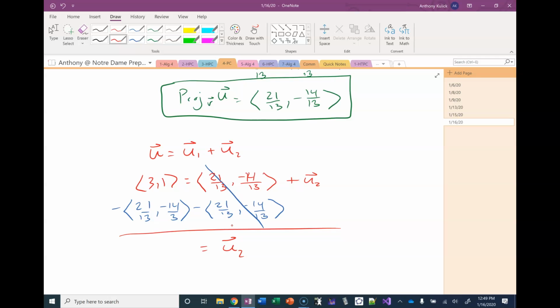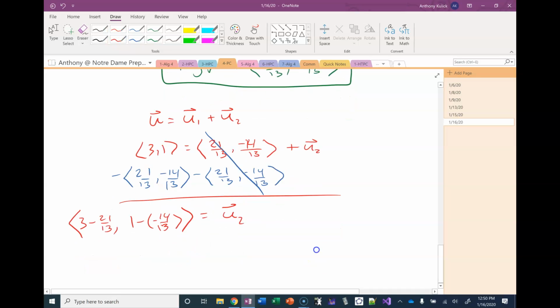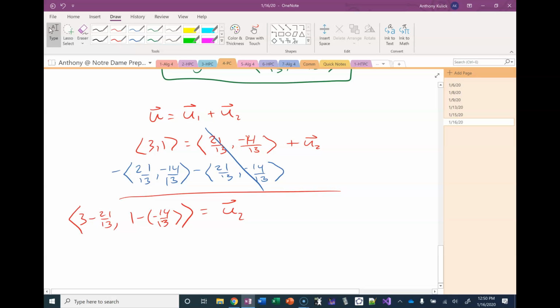Now if I do 3 minus 21 over 13 and 1 minus a negative 14 over 13, oops, that's 13. That's going to give me my new vector.